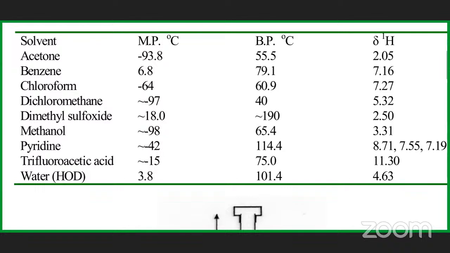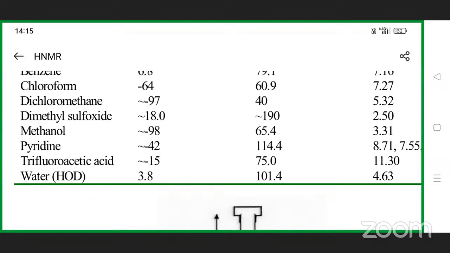If you consider these additional signals as belonging to your compound, you will get the wrong interpretation. If you know the position of the signals for particular solvents, then it is easy to interpret the structure. Otherwise, you will misinterpret it.